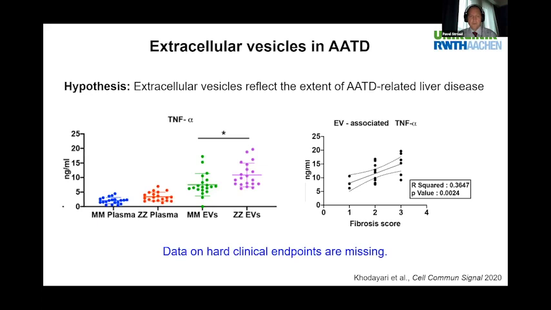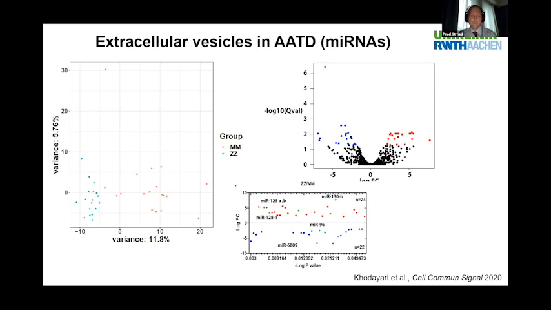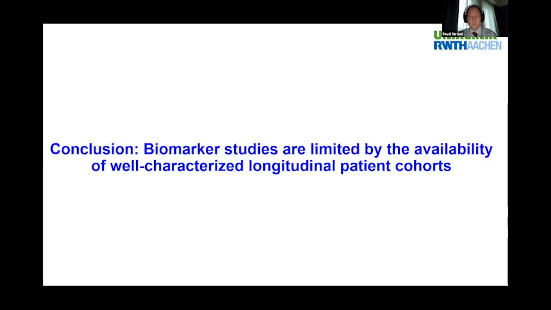The problem here is that we don't have hard clinical endpoints. And also they used these vesicles to make a comprehensive analysis of microRNAs. These are short RNA pieces which are known to have very nice prognostic relevance, and they showed that several of these miRNAs are differentially produced in the ZZ patients compared to the MMs.